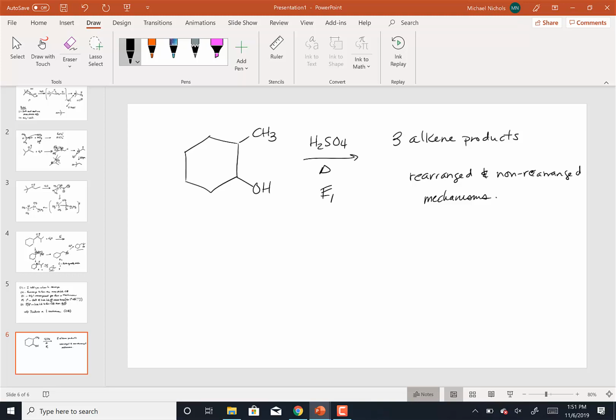So are there, Rena, 6 mechanisms? 3 for rearranged and 3 for non-rearranged? Some of the products come from both. So actually, if you think about, for E1, you only have 2 beta hydrogens to choose from each time.